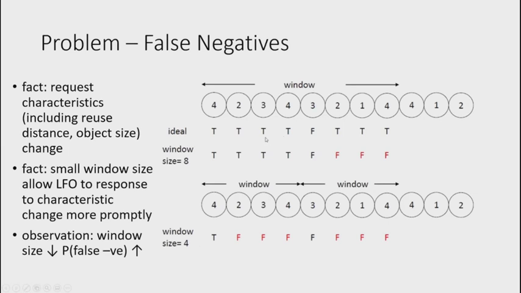But when we compare with the ideal case, 2, 3, and 4 are going to be accessed again in the future. So these 3 are false negatives. So by reducing the window size by half, we double the number of false negatives.